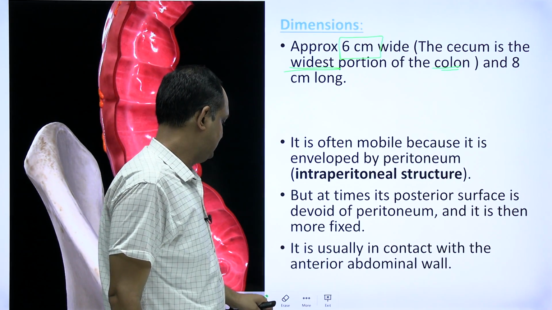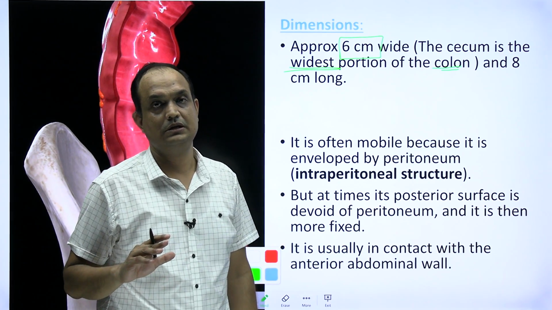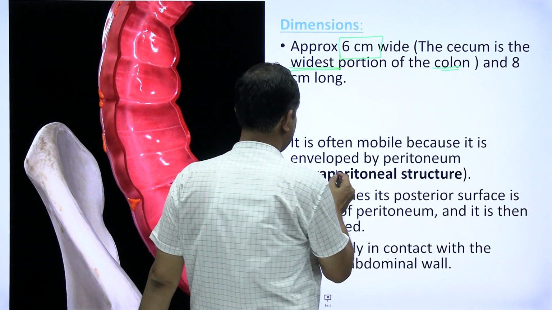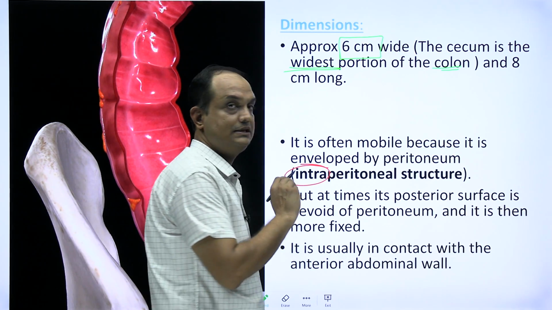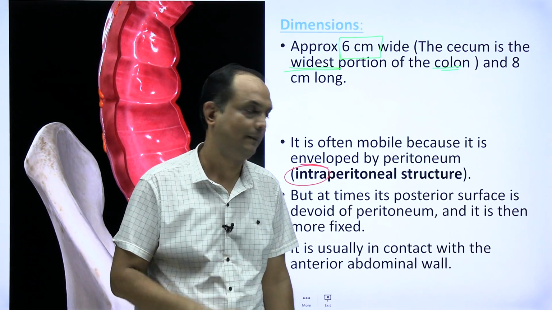Now another important thing is that we are talking about intraperitoneal organs. The cecum is an example of an intraperitoneal organ because it is generally completely enveloped by the peritoneum.